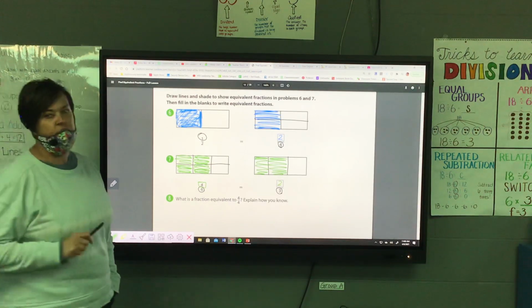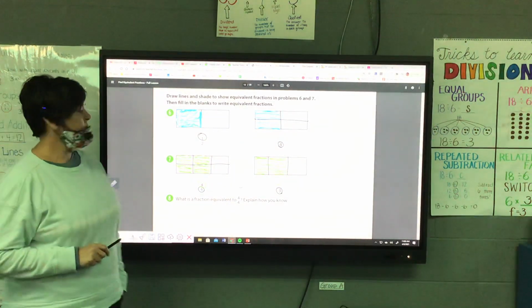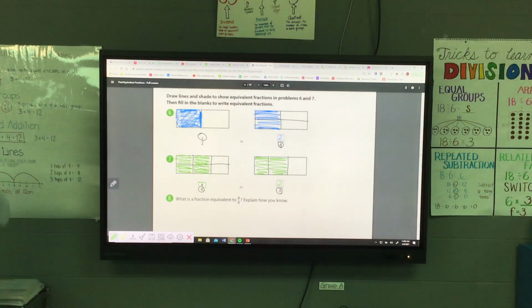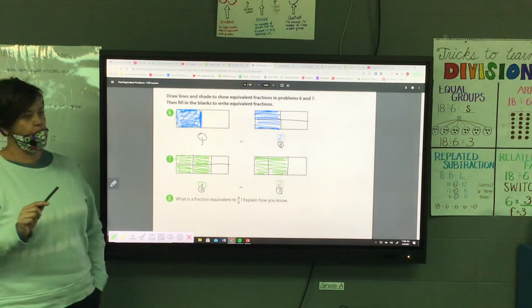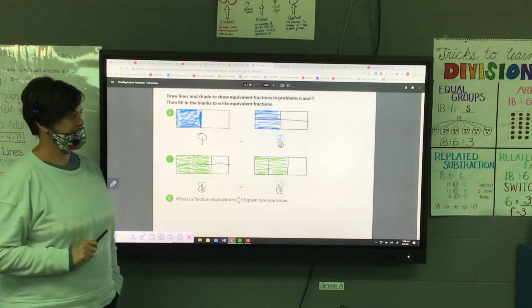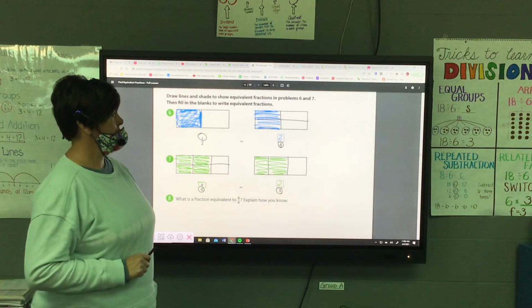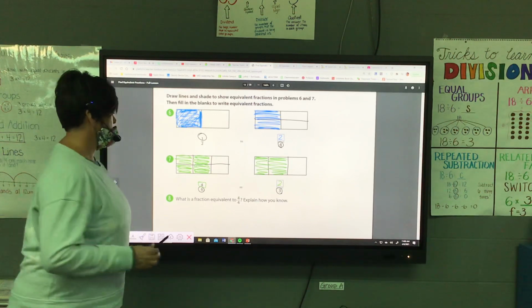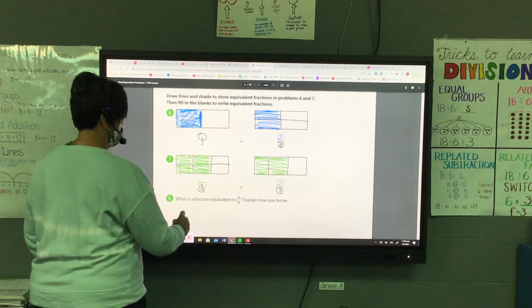I think that they're going to trick you on 8. What is a fraction equivalent to 4/4? So think about this.